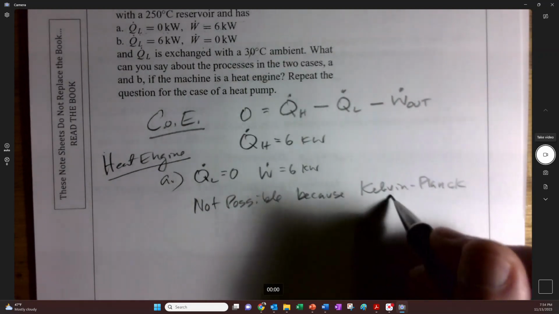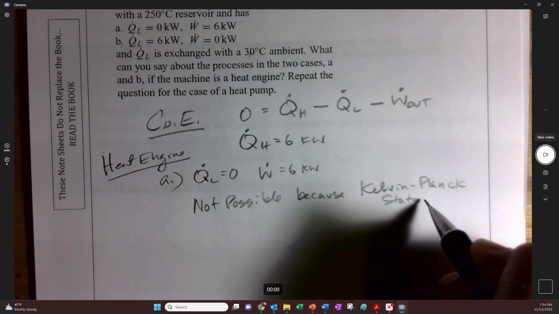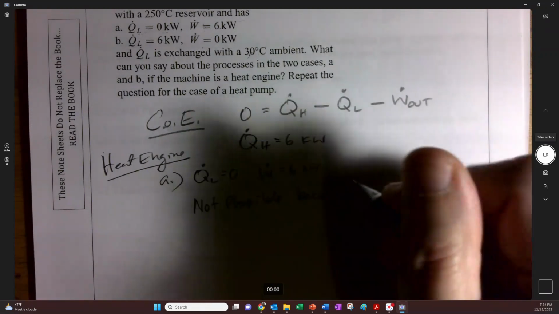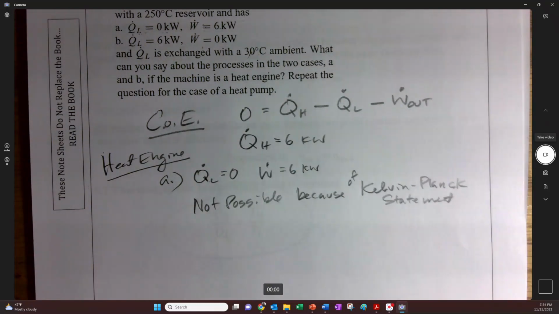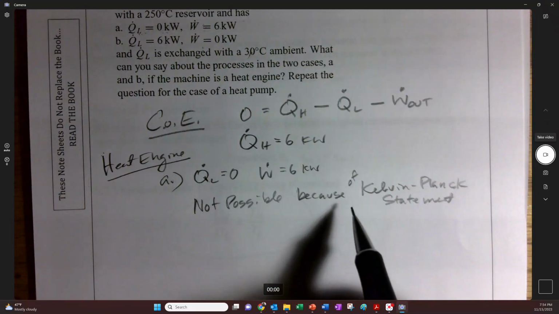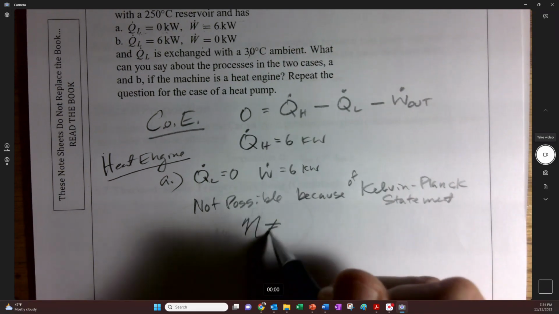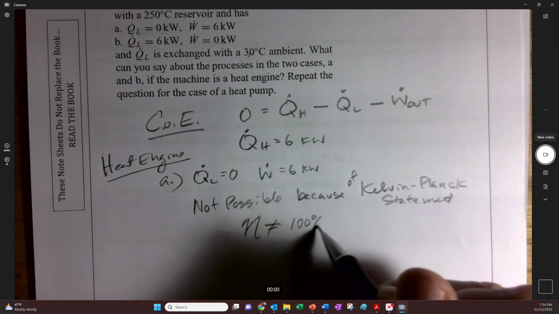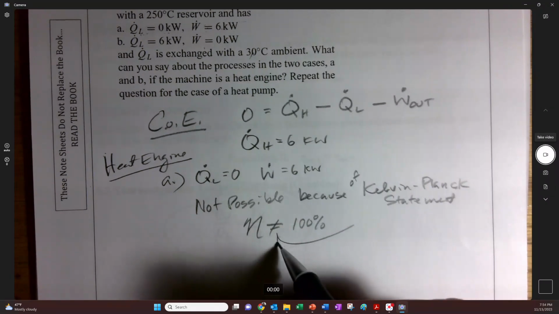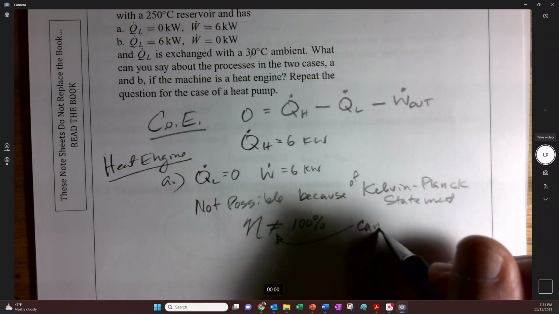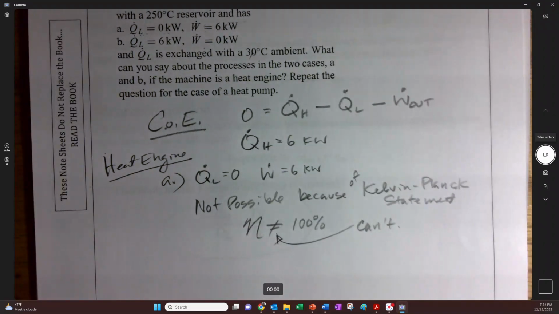And you can't have 100% efficiency because efficiency cannot equal 100%.